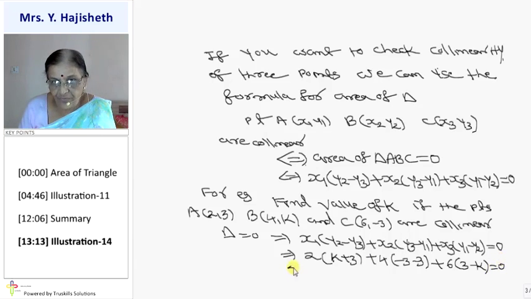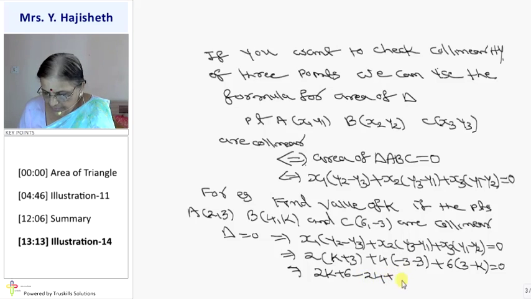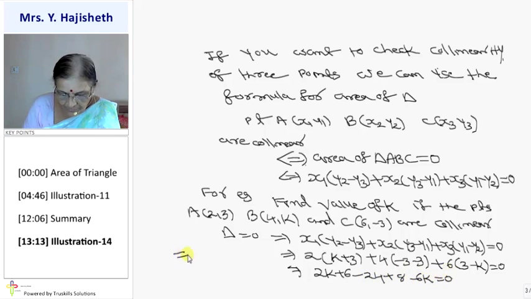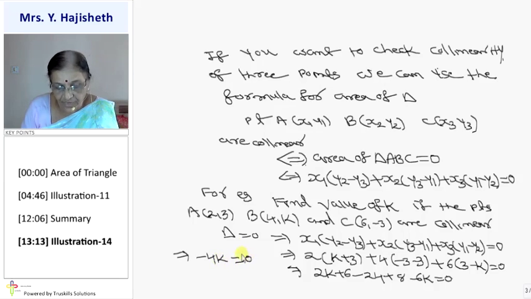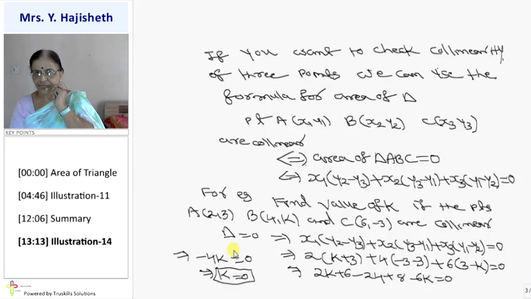So if I simplify this, I will get 2k plus 6, open karo, minus 24 plus 18 minus 6k is 0. Matlab my minus 4k is 0. Actually modulus of minus 4k is 0, but 0 में तो plus minus लेने का कोई sense नहीं है. So k is 0.